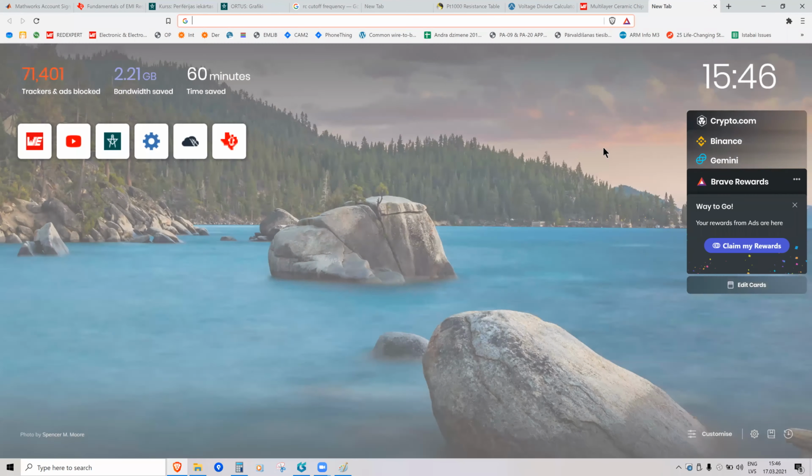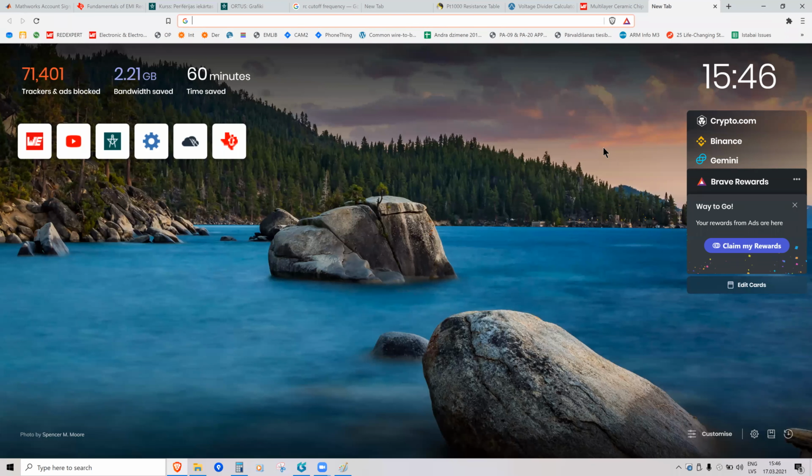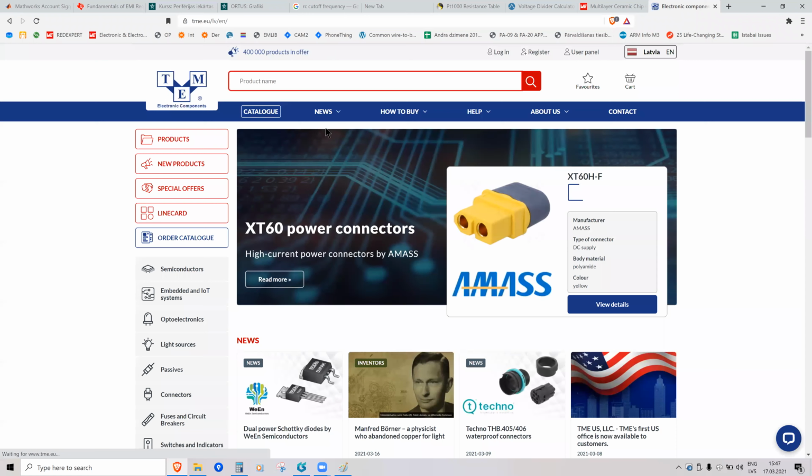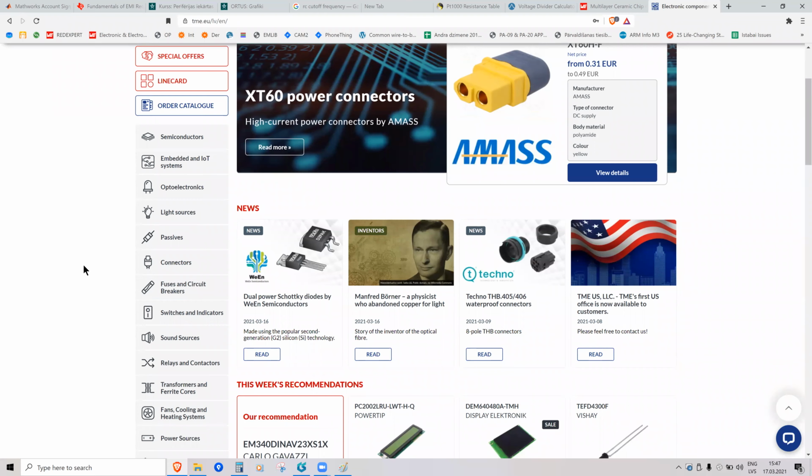The places where you can buy components in Europe without paying import duties in the postal service are European companies, or companies which have branches in Europe, or European companies which are distributors. One of them is, for example, tme.eu. This website, they are located in Poland.